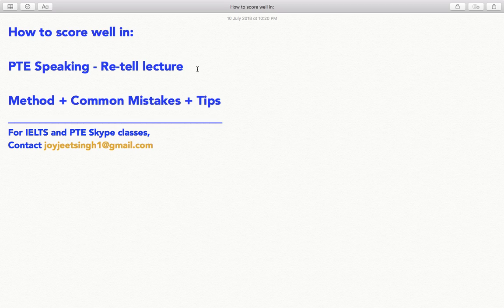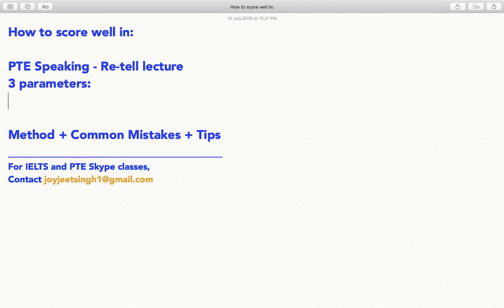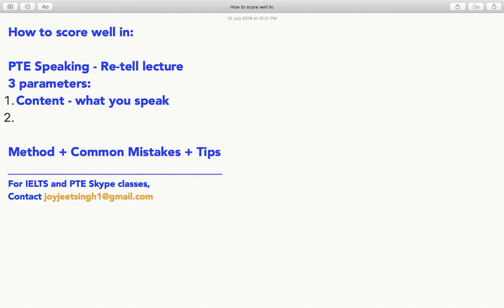Guys, the speaking section is scored on the basis of 3 parameters. The first one is content, that is what you speak. The second one is fluency, that is the flow you speak with.